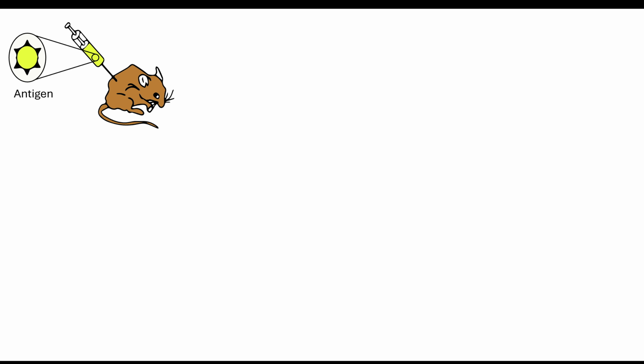We take an antigen, a molecule, and we inject it into a mouse. That results in the mouse producing the correct B cell, and that B cell is removed from the mouse's spleen. So we've got the B cell, which is clonal selection. We're selecting the B cell which has the correct antibody against the antigen.